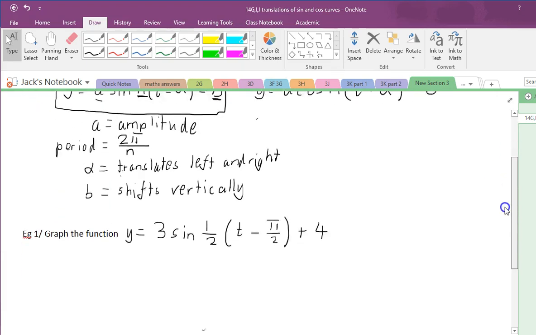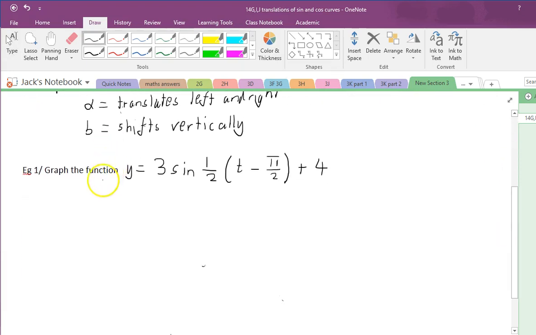So what you should do at the start of each question is just write down all the information you have here. So graph the function. We know that A is equal to 3. We know that the period, or p, is equal to 2 pi over, in this case it's a fraction, so over a half. So 2 pi divided by a half is 4 pi.